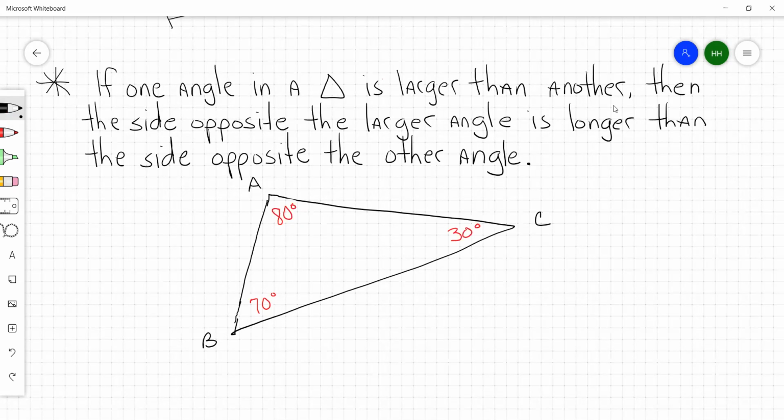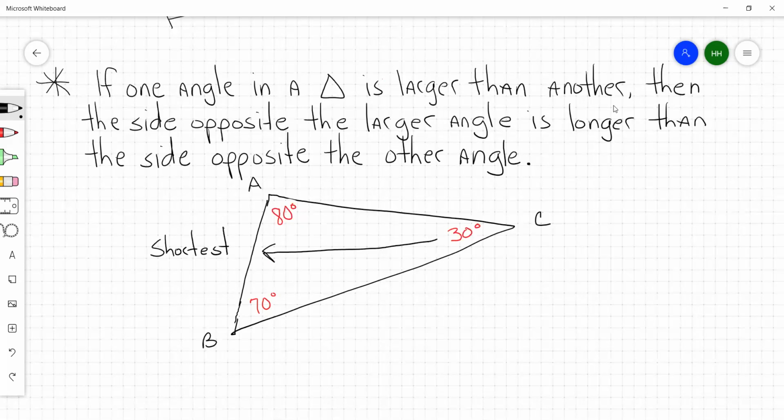Who can tell me the shortest side in this triangle? Yes. AB is the shortest side. And why is it the shortest? How do you know? Very good. Because it's opposite of the smallest angle, isn't it? What's the longest side in this triangle?